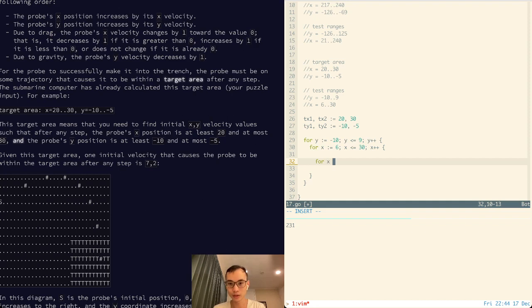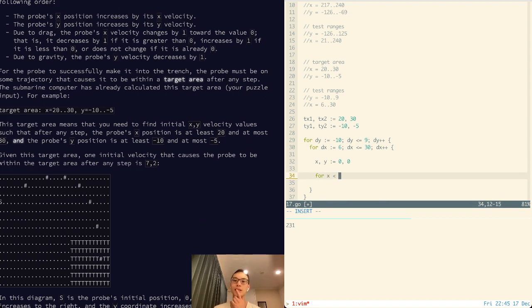So for x, no, these are not y, x, and y. These are my velocities. So vx, I usually use d for these, delta x, delta y, because it's a little bit easier for me to wrap my head around. Let's see. X and y start off at 0.